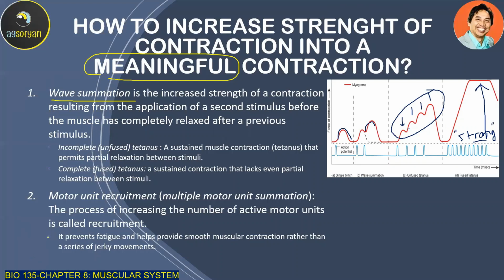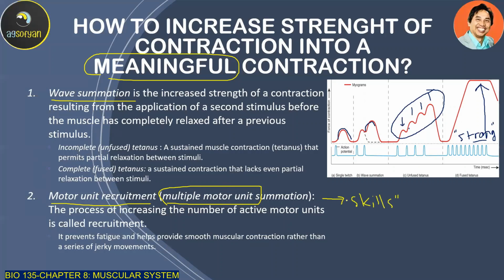For some places, there is also what we call motor unit recruitment, where multiple motor units perform contraction together in order to create not only meaningful but also skillful contraction.